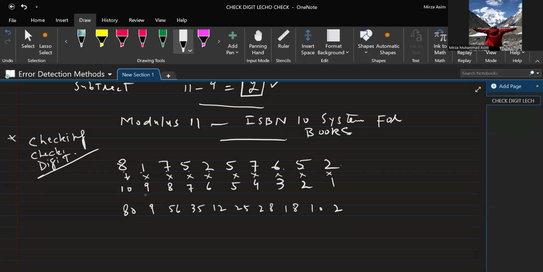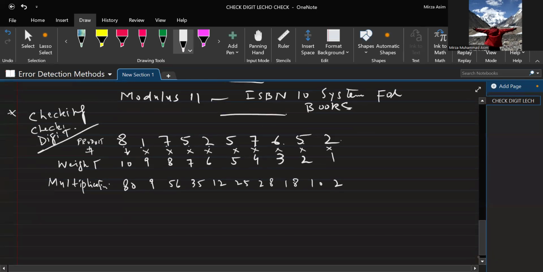So after multiplication, this is the weight of every digit, and this is the ISBN number, or product number. Let's say product number, it's a short one. So what was the total? 273, right?